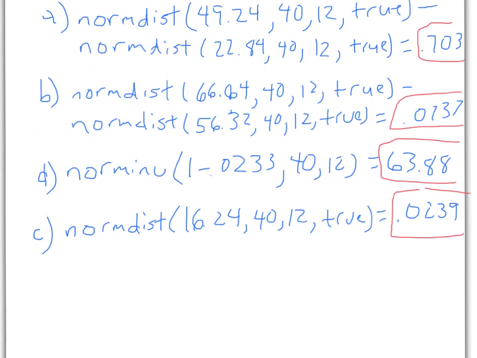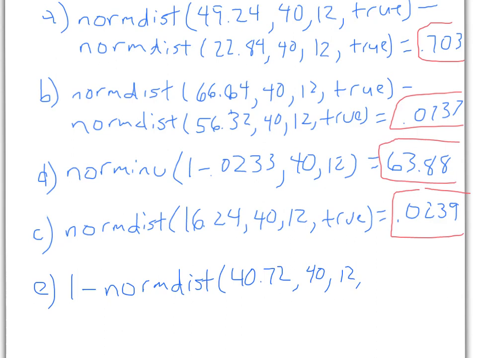Okay. So E is, what does E ask you? What's the probability that a value is greater than 40.72? Here again, we want to look at what's to the right. NORM.DIST will give me what's to the left, so I need to say 1 minus NORM.DIST. My value of interest was 40.72, 40, 12, true.